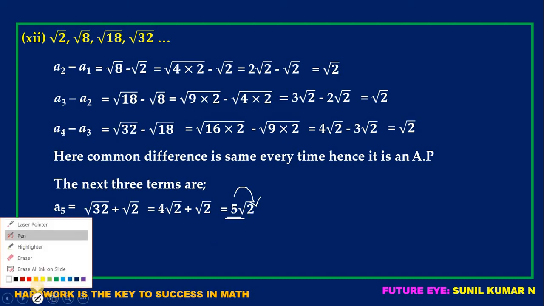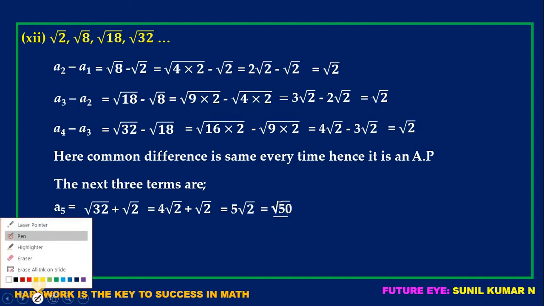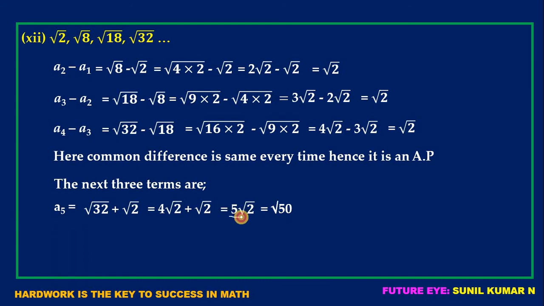Hence, take 25 into 2. That gives root 50. I repeat again, children. Whenever you are sending a coefficient inside the root, make the square and send it. So here 5 is there. 5 square is 25 and take 25 times 2, root 50.